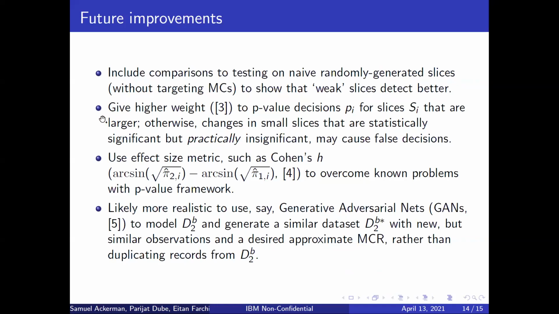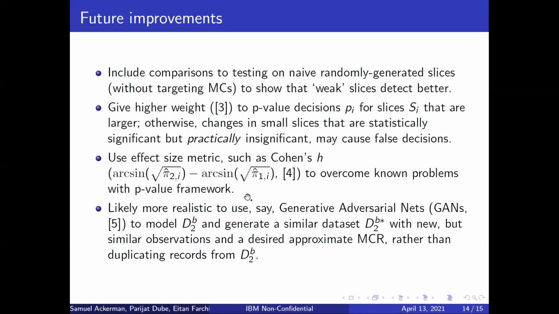Second, in our multiple testing, we can give higher weight to p-values where the slices are larger, because sometimes a small change in a small slice of maybe one observation might be judged as statistically significant, but it's not practically significant. Third, there are some theoretical problems with the p-value framework, so we can use an effect size metric like Cohen's H, which works on proportions, to judge whether an observed change is actually practically significant.